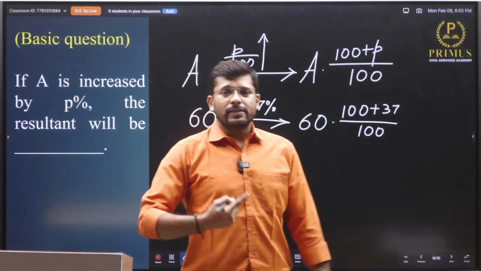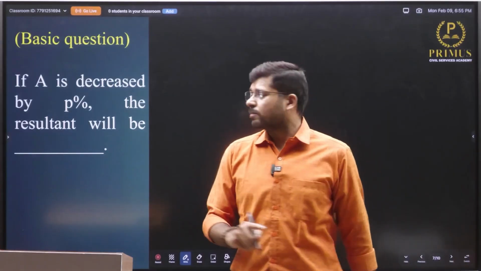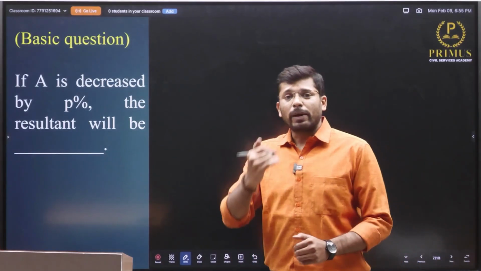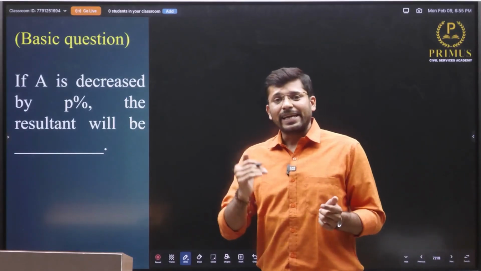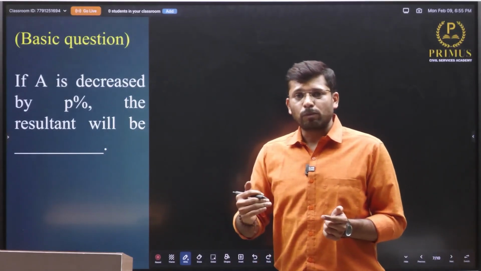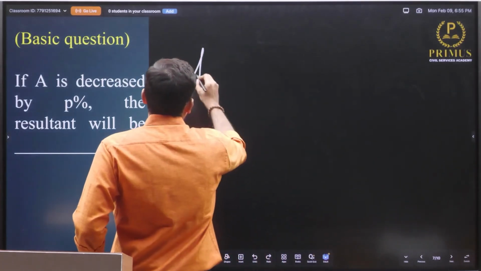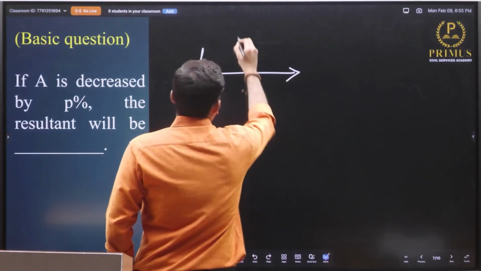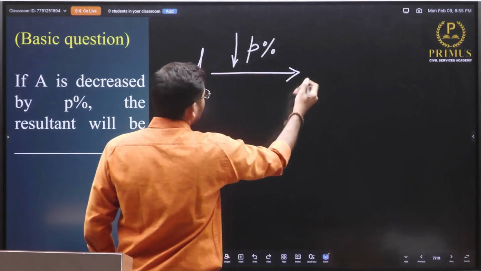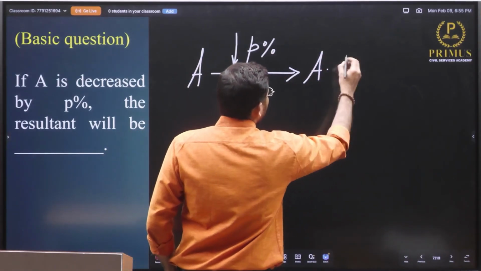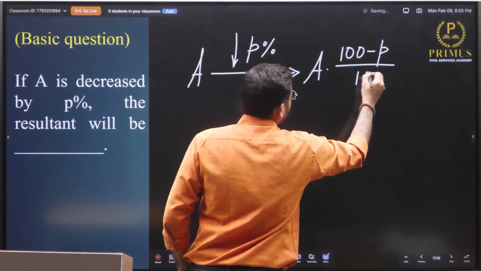Okay. Let us go to the next question where we will learn another basic concept. If A is decreased by p%, the resultant will be dash. In the previous problem, we had increased the number A by p%. In this problem, we will decrease it by p%. So similar to percentage increase, percentage decrease works like this. If you decrease it by p% or p by 100, the resultant will be A multiplied with (100 minus p) divided by 100.